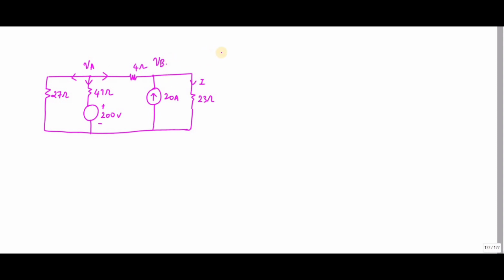Let me assume the current is flowing like this. So at node VA: VA divided by 27 plus VA minus 200 divided by 47 plus VA minus VB by 4 is equal to 0. So this is your first equation.